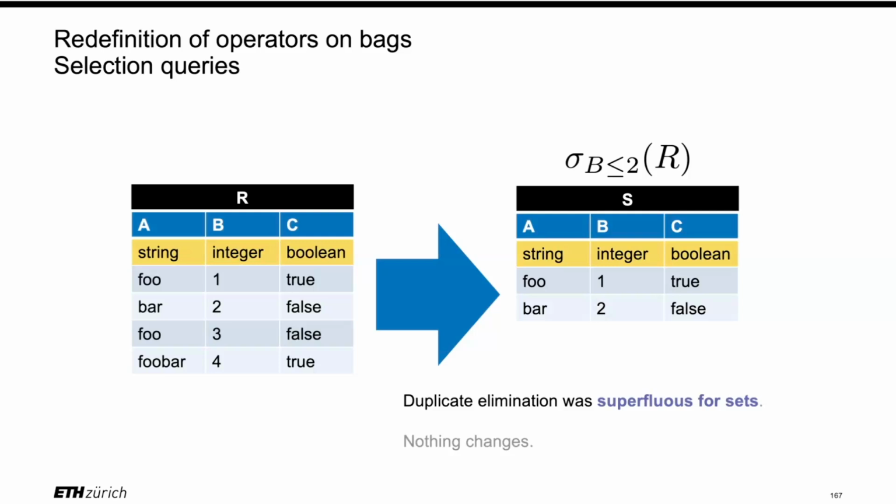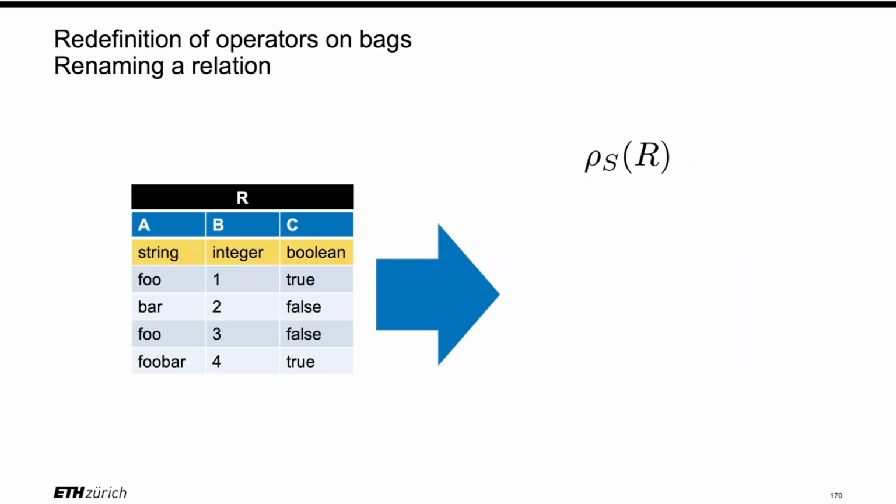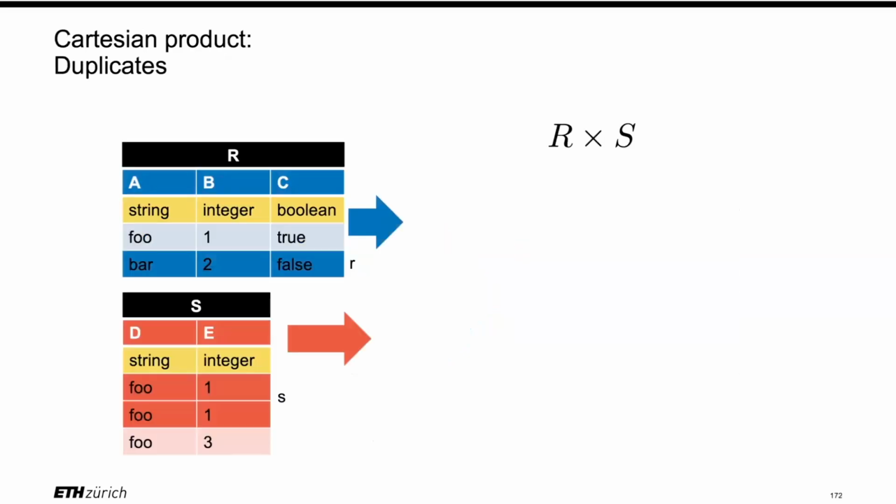Projection, selection, you already agree it doesn't make a difference for bags? Who agrees? Right, okay, it's intuitive. So that's the easy part. There's not a big difference. Renaming an attribute is the same. There's also no big difference between sets or bags if you rename an attribute. Renaming a relation, totally trivial. You just change its name to S.